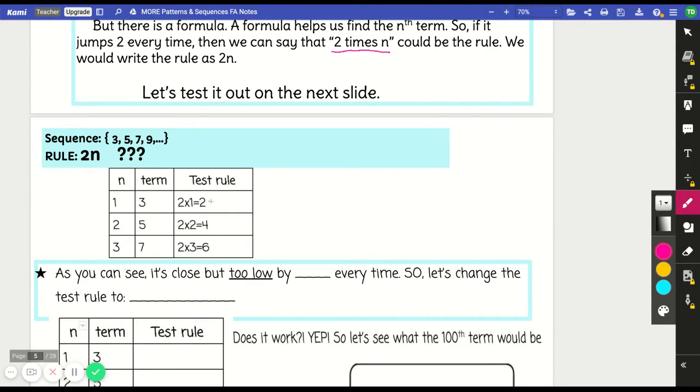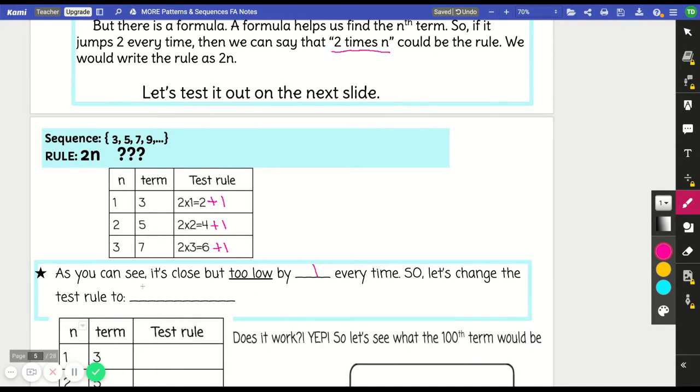It doesn't. We would need to add 1 to make that true. 2 times 2 is 4. That doesn't work out, so we would need to add 1. 2 times 3 is 6, sorry. And it doesn't work out because we would need to add 1 to make it work. So as you can see, it's close, but it's too low by 1 every time.